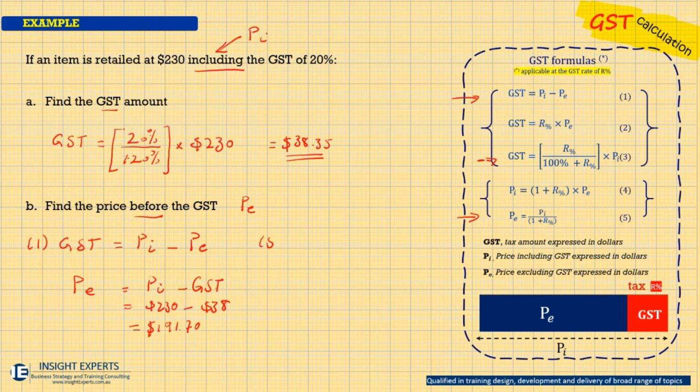From formula number 5, it's really PE equals PI over 1 plus the tax rate. In this case, we have PI and the tax rate is 20%. If you do the calculation, you'll end up with the same answer, $191.70.